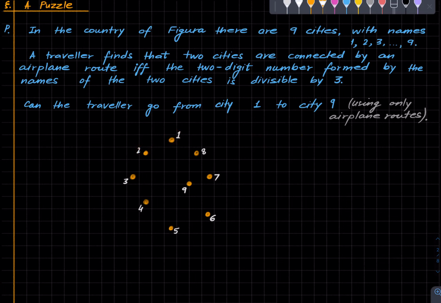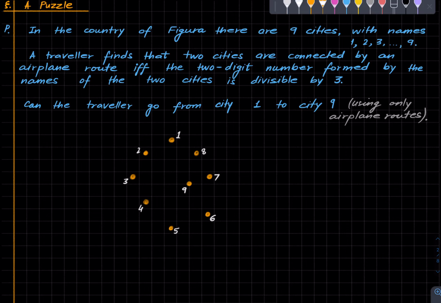Okay, so if you pick 2 cities, and if the 2-digit number formed by putting their digits side by side is divisible by 3, then there is an airplane route connecting the 2 cities, otherwise there isn't.